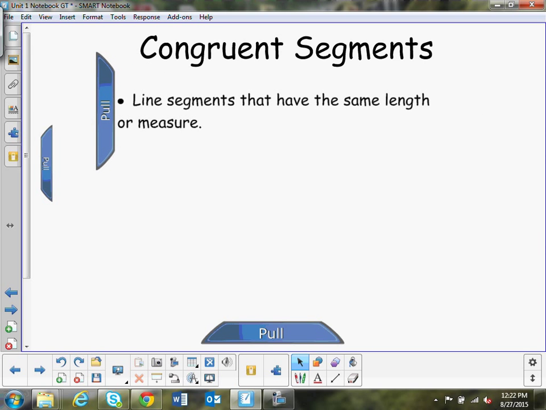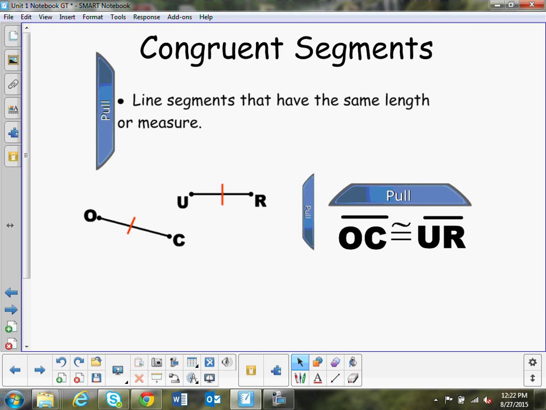You can write your own definition or write this one. It's basically segments that have the exact same length. So here's a picture of some congruent segments, OC and UR. To write that out, you would write it like that. OC is congruent to UR. Notice the symbols on top of them.